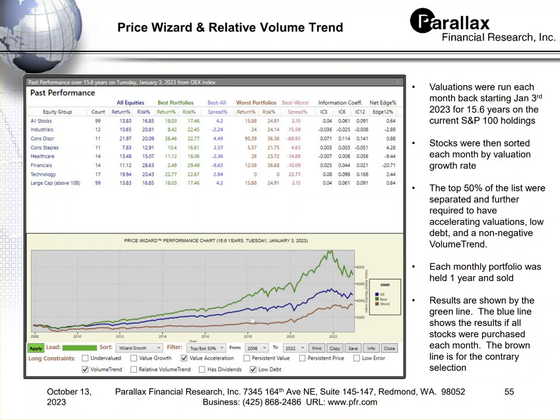So here we have the picked set in green and how it performed. The blue represents all stocks. If you just bought all of them each month, held them a year, and dumped them, you get the blue line. And the contrary group here, the bottom 50% that had the opposite characteristics, would be the brown line.